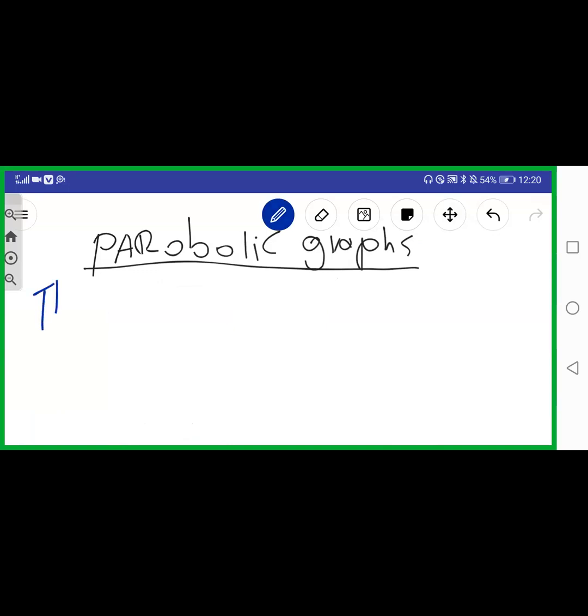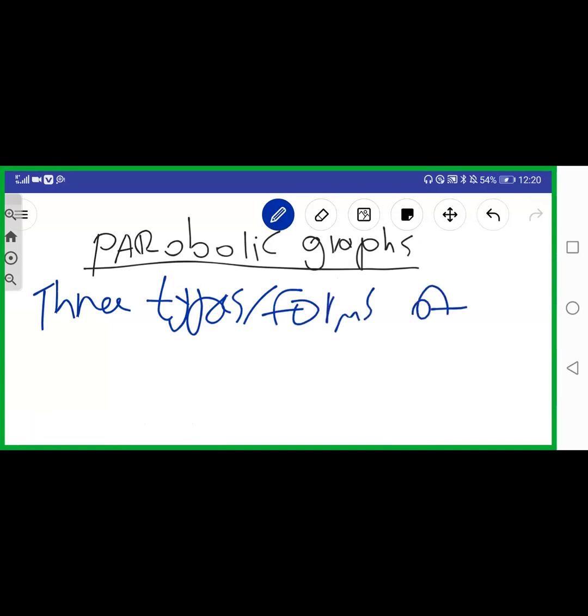So I'm going to say three types of forms of equations.